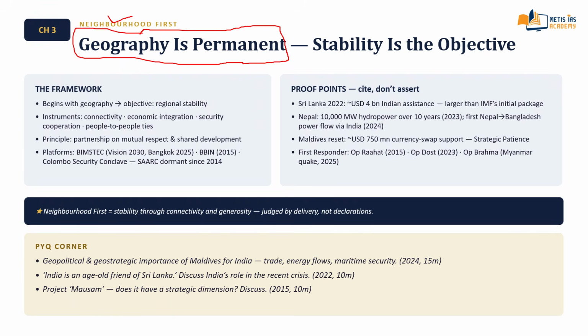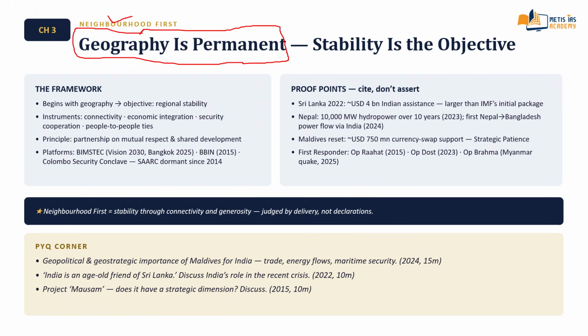Coming to the second pillar, that is connectivity. Earlier, foreign policy focused primarily on political agreements, but today connectivity has become equally important, like roads, railways, ports, air connectivity, inland waterways, power transmission, and digital infrastructure. These are no longer merely developmental projects, they are strategic assets.